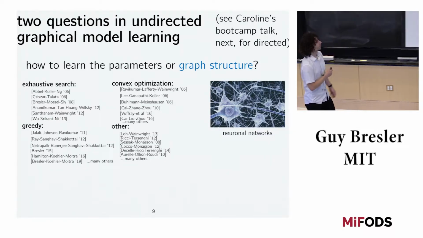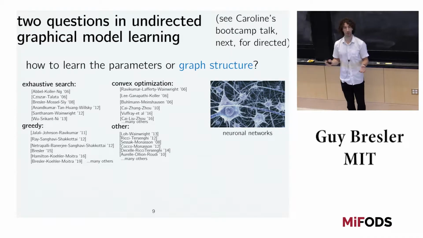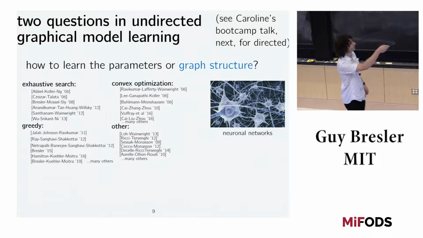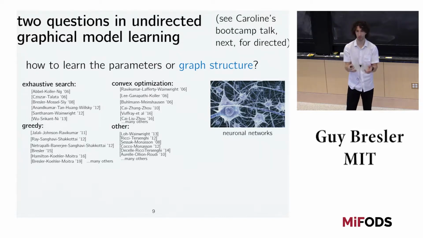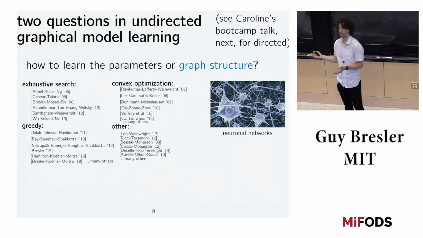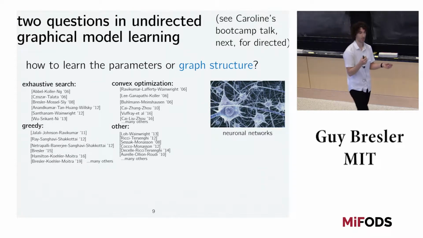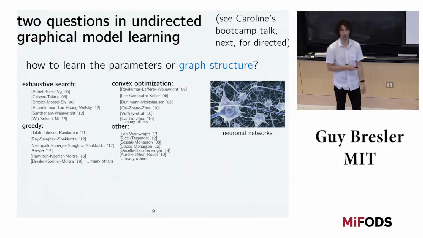Okay, so before I go there, there are two high-level questions. What is it that we're even trying to do? We say estimate the model. Well, the first thing you could try to do is learn the parameters or the graph structure, assuming that there is such a graph structure. These models are very flexible, and they naturally describe physical systems with locally interacting components. And so oftentimes it will be a good assumption that there is a true model, and you'd like to learn it.